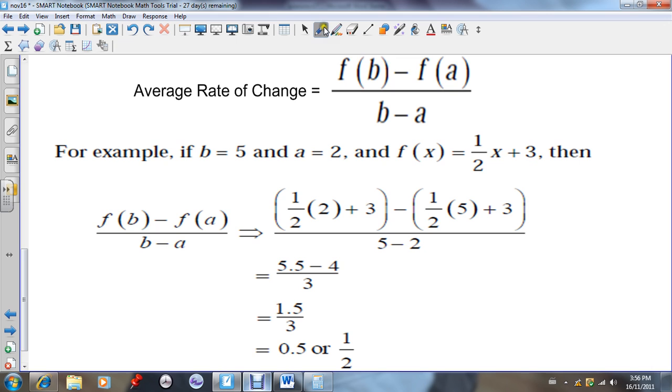Then we know that average rate of change, which I'm going to write as AROC, average rate of change, is equal to the value of your function at b minus the value of your function at a all over b minus a. All you have to do here is plug in. Well, what's b? b is 5, so you're going to have 1/2 times 5.